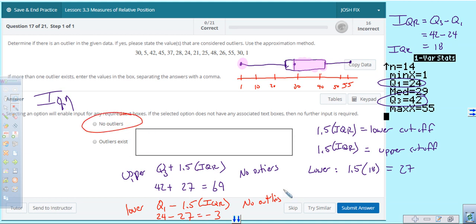Let's say hypothetically that one of these calculations came out to be 5, so our cutoff number, instead of 69 or negative 3, was 5. Then in this particular case, 1 would be an outlier. All right, so that's finding the outliers of a data set.